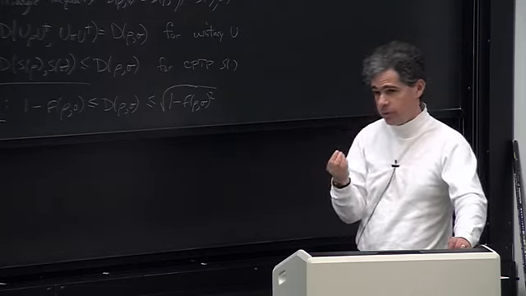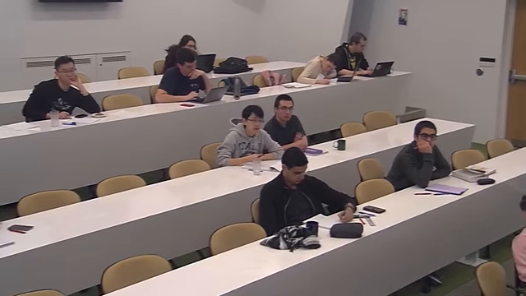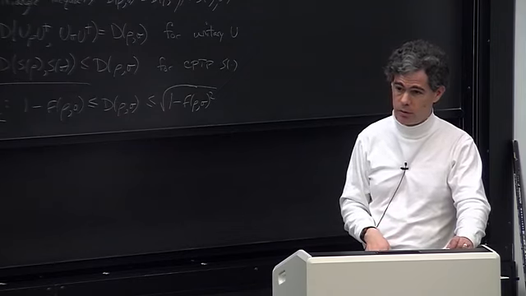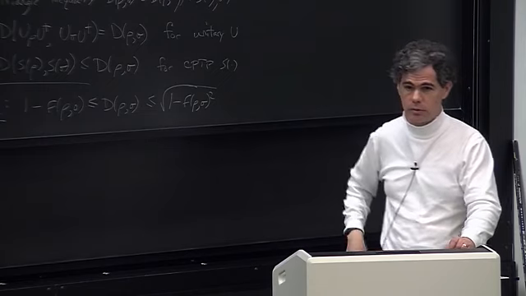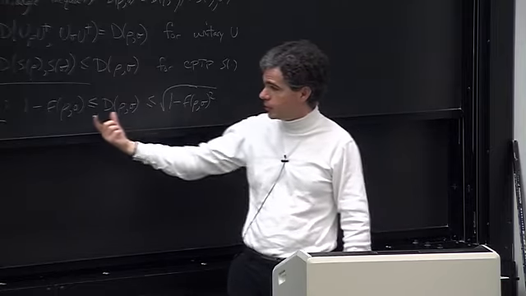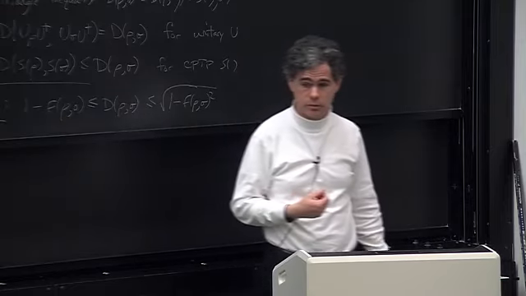And that's because for the fidelity, when they're the same, the fidelity is 1. And for trace distance, when they're the same, the distance is 0. So you're kind of going towards the close case in both cases. Yeah, so it's more sensible to compare the trace distance with 1 minus the fidelity.